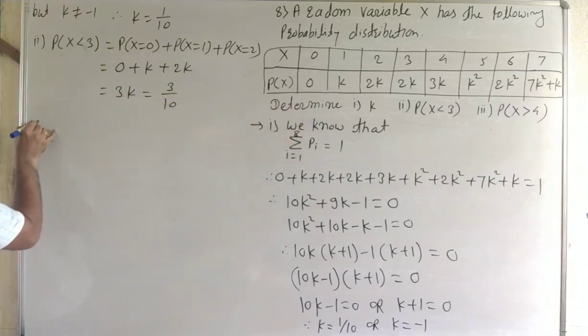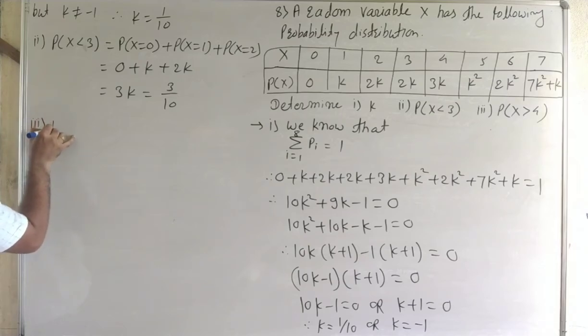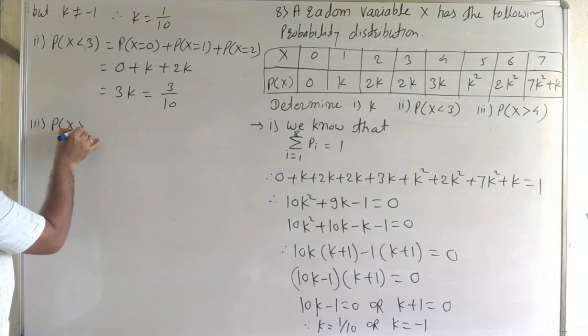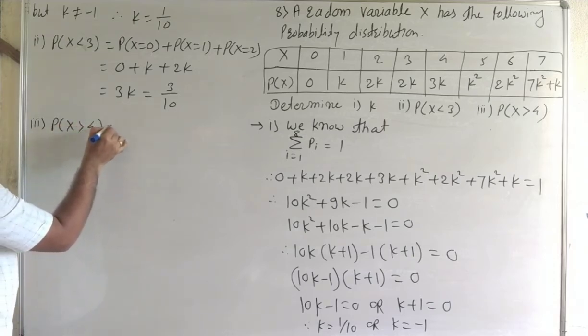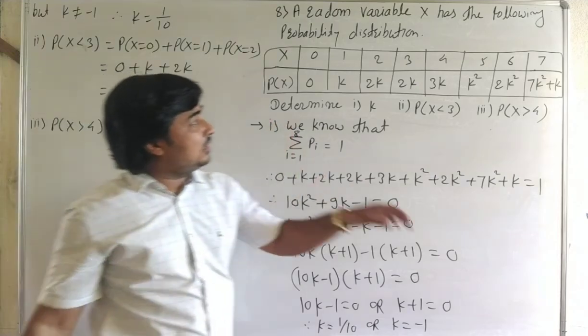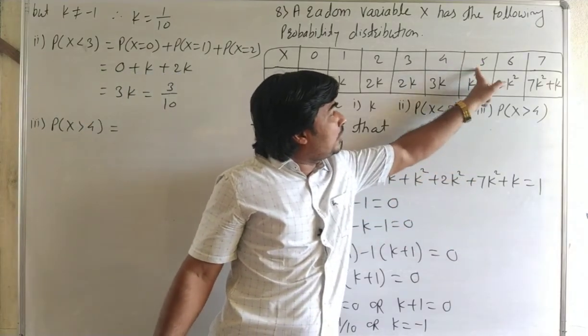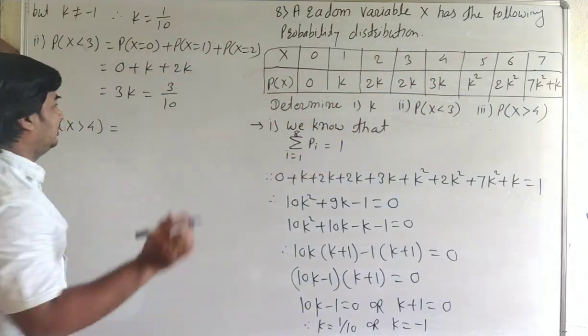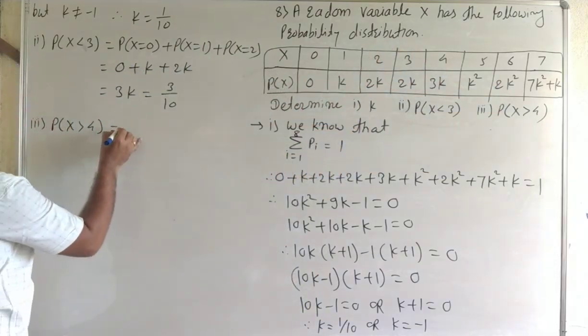Now third: probability of x greater than 4. Here x greater than 4 means 5, 6 or 7. Again the principle of addition, the cumulative distribution function.